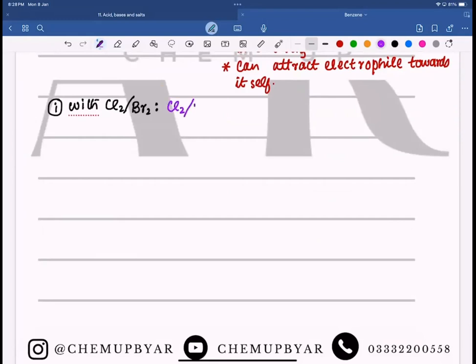Chlorine or bromine reacts with benzene in the presence of a catalyst.